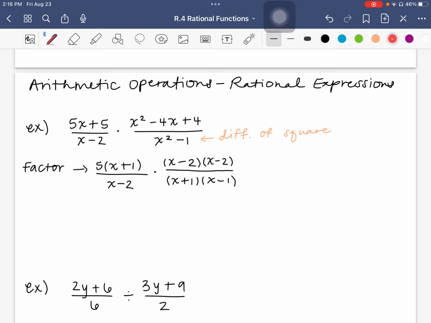All right, and then we have a few things that can cancel, since when we're multiplying these expressions, we're multiplying everything straight across. So a few things will cancel. We have x plus 1 here and x plus 1 there, and then we have x minus 2 here and x minus 2 here. So multiplying everything across, we have 5 times this x minus 2 on the top.